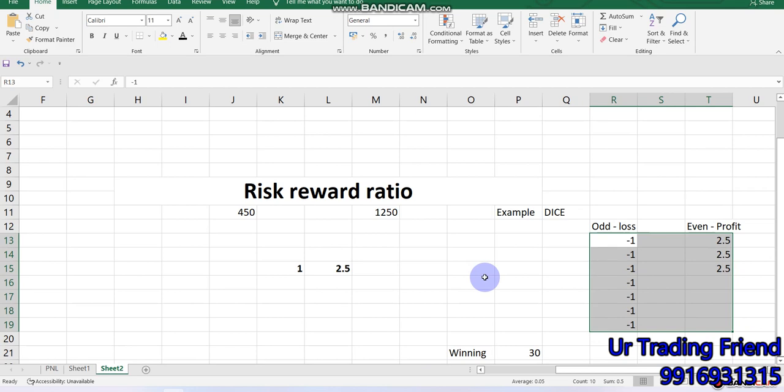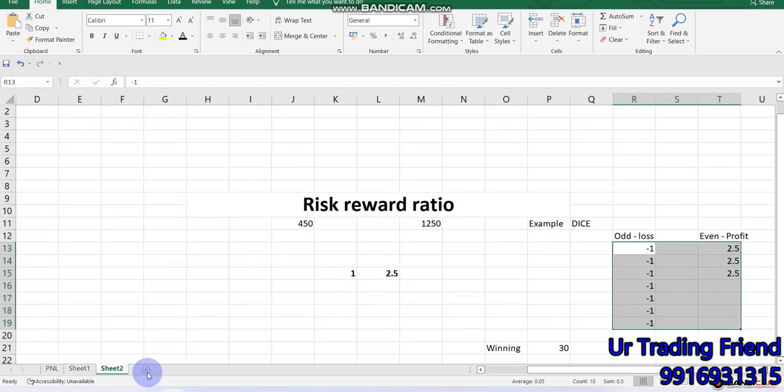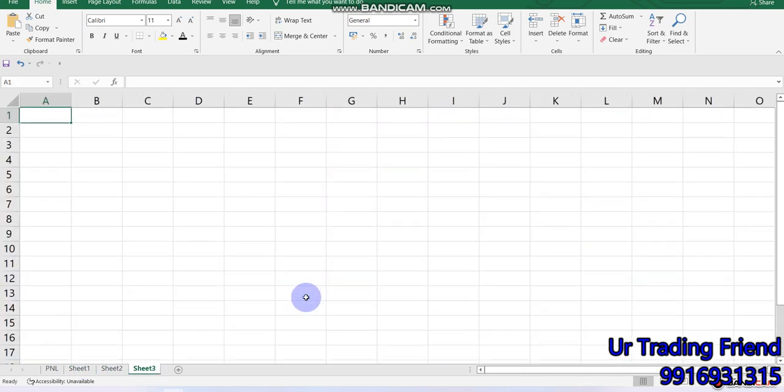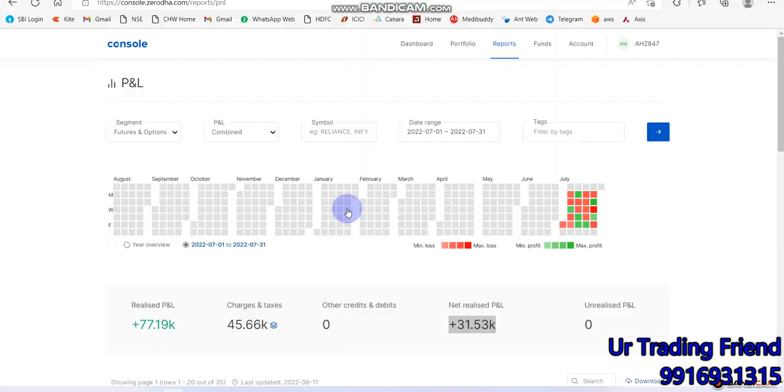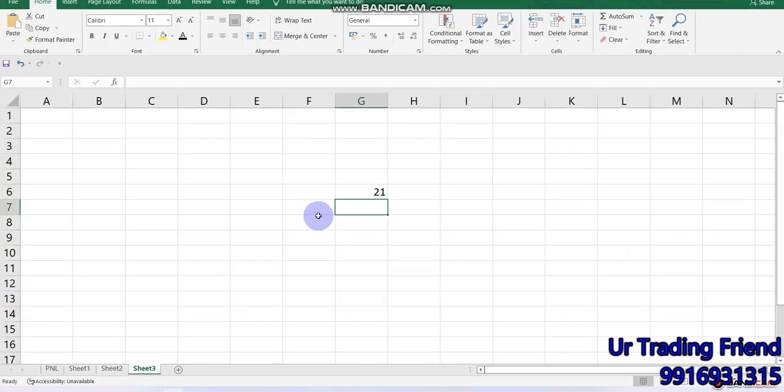There are a total of 21 trading days, out of which I am in green on 1, 2, 3, 4, 5, 6, only 7 days. Winning days are 7. So of 21 days, only 7 days I am winning, and my losing days are 14.